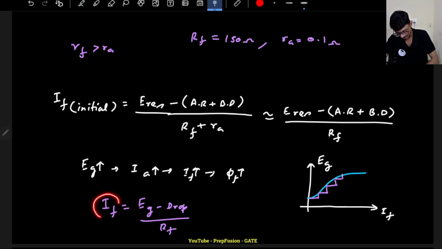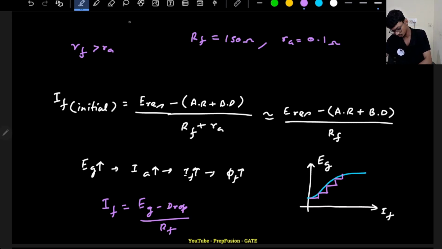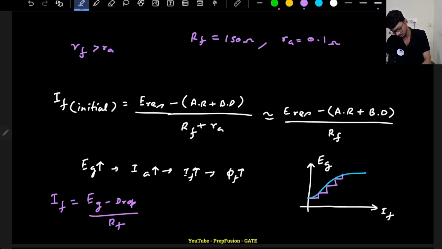So IF is dependent on EG minus drop divided by RF, so it is just a straight line with slope 1 by RF, or sorry, a straight line with slope RF actually, because if I want to write EG in terms of IF, it will be IF into RF plus drop. So basically this will be the line.